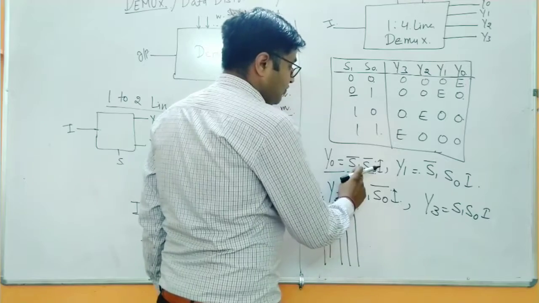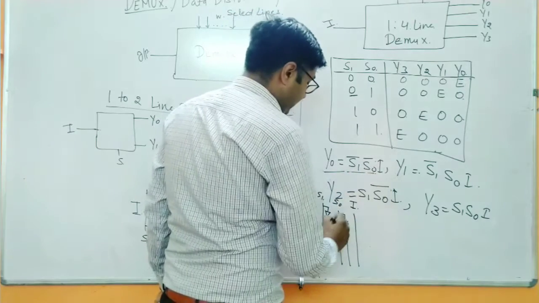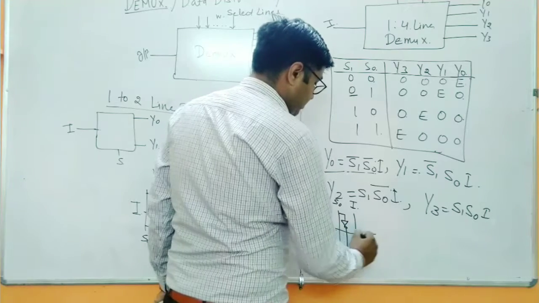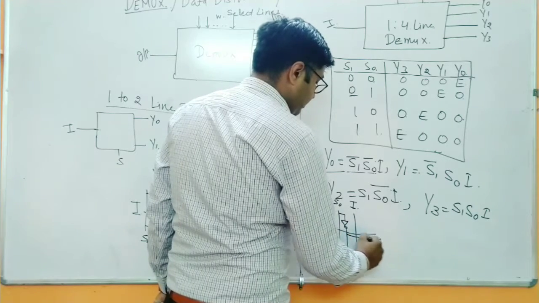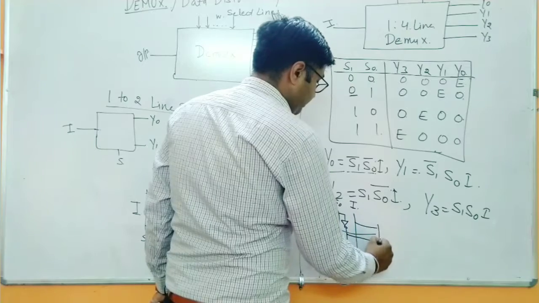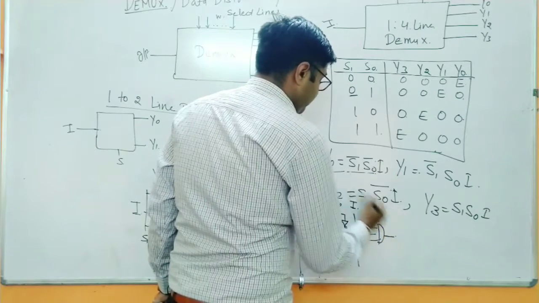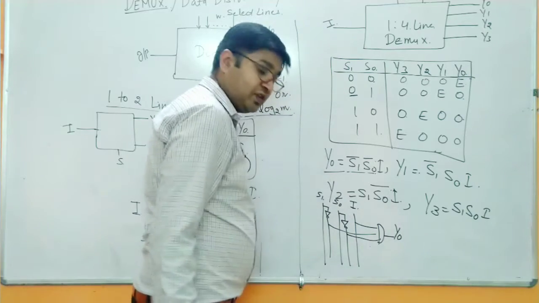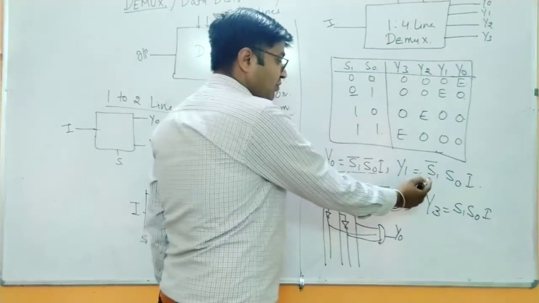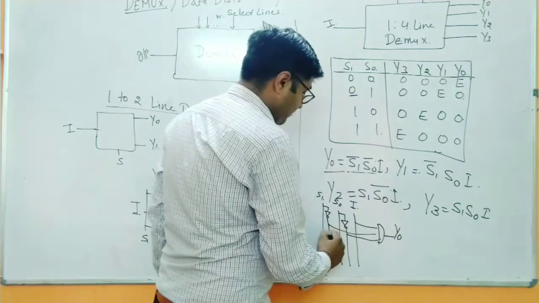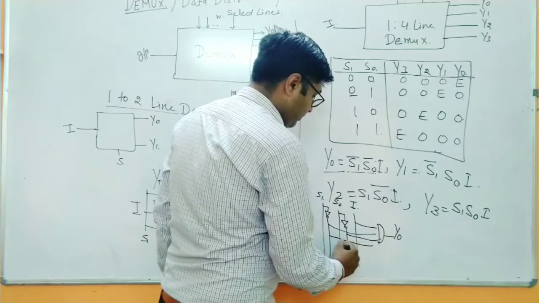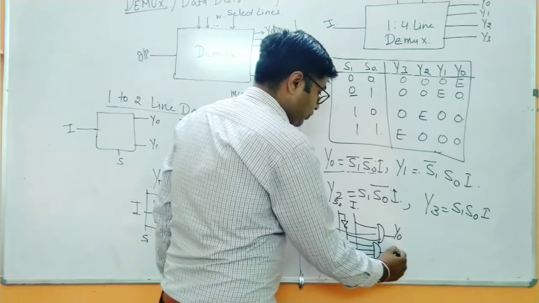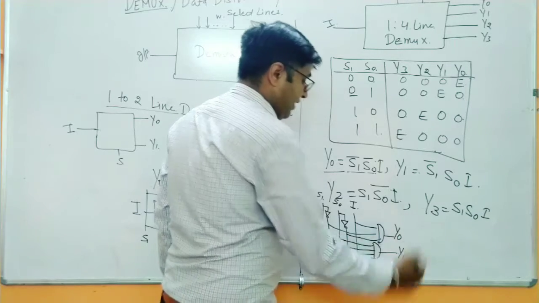Now in the first one, S1 bar, S0 bar, I. Here we take this one, we take this one, or we take this one, and this output will be shown as Y0. Same with others, S1 bar, S0, I. Here S1 bar, S0, I, and this output will be shown as Y1.